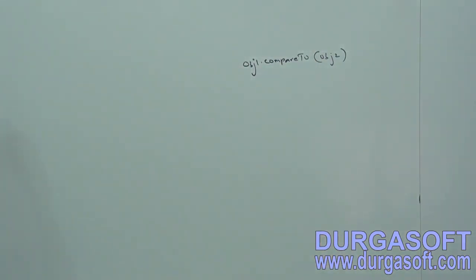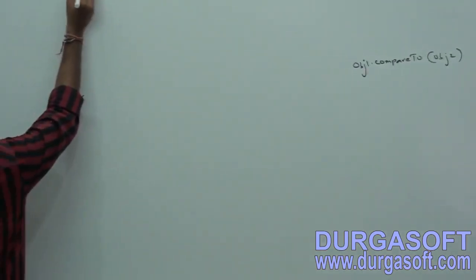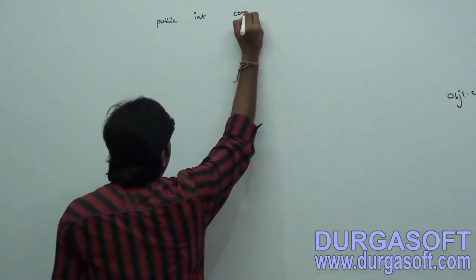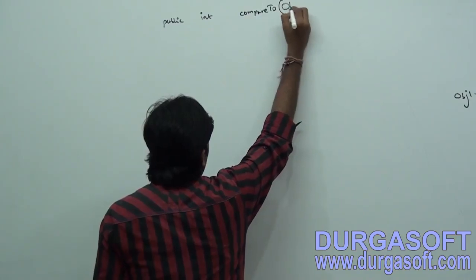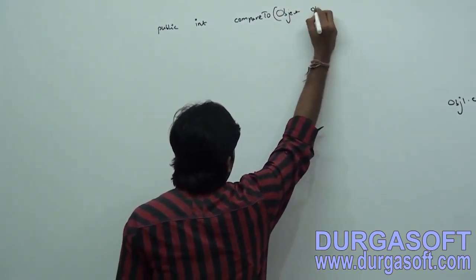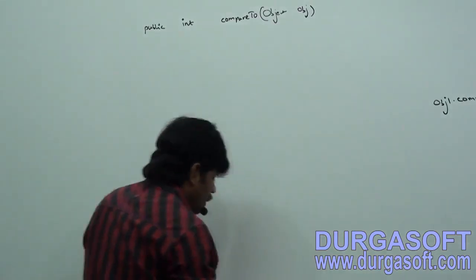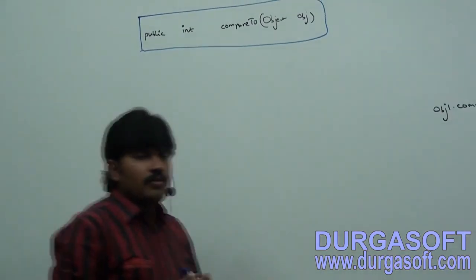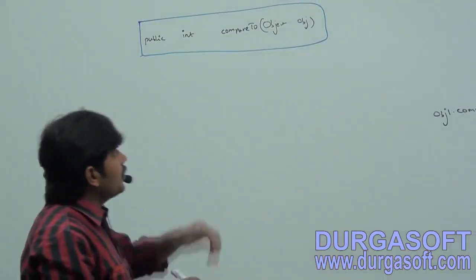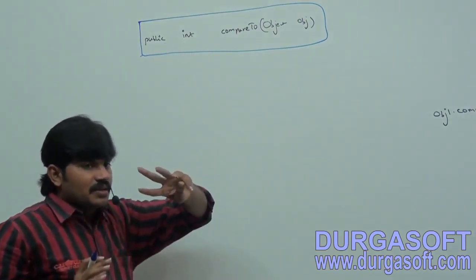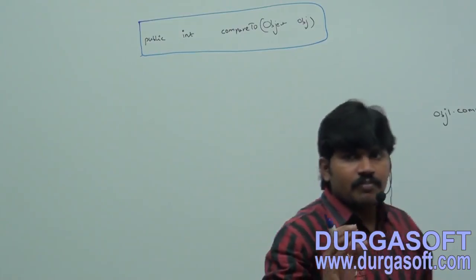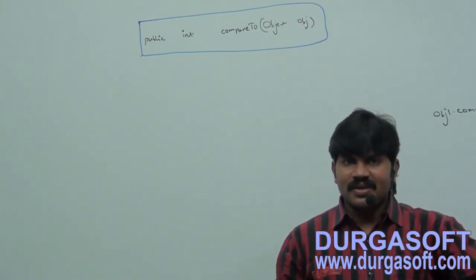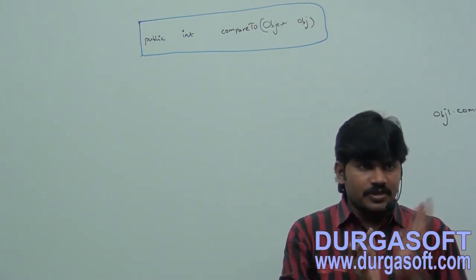That's why the return type is int: public int compareTo(Object obj). With an int, we can decide three categories: a negative number, a positive number, or 0.